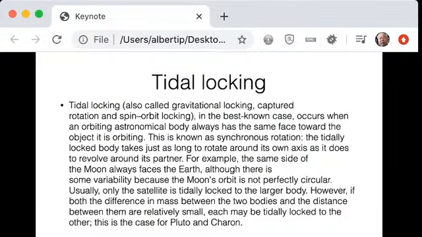The moon and Earth are tidally locked. That means one of the easiest-to-observe features of this tidal locking is that we always see the same side, the same face, of the moon.